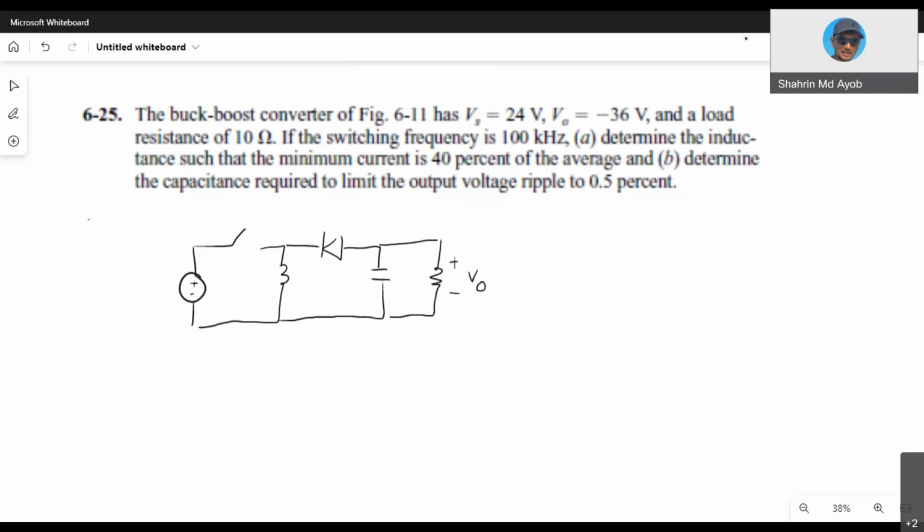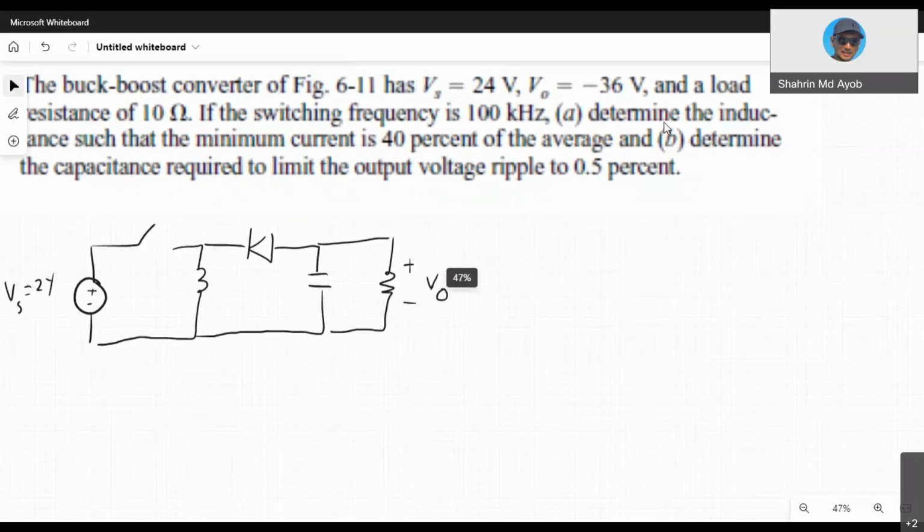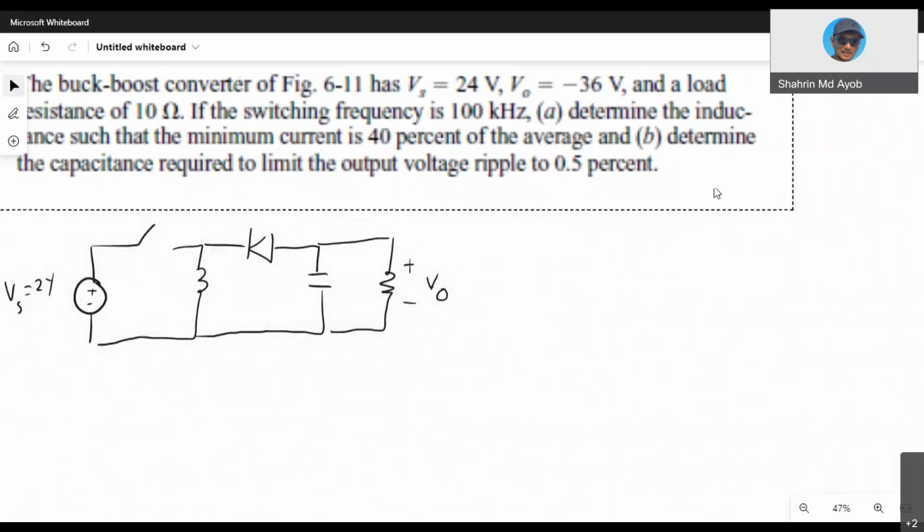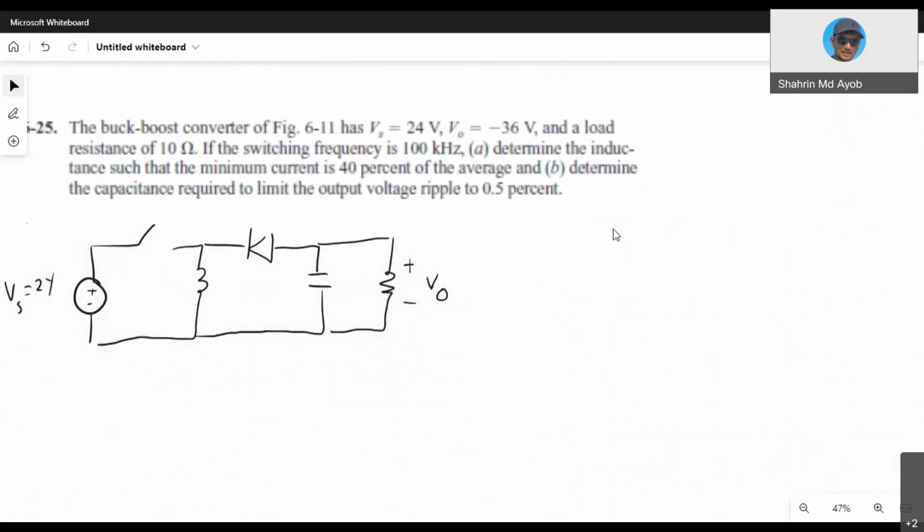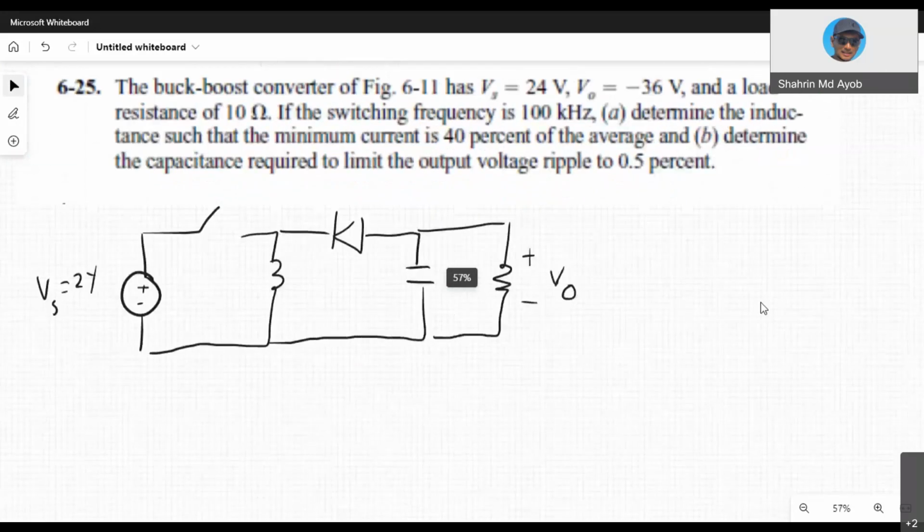So the input is 24 volts. The polarity is like this, but the output is negative 36 volts. Okay. And the resistor is 10 ohm.